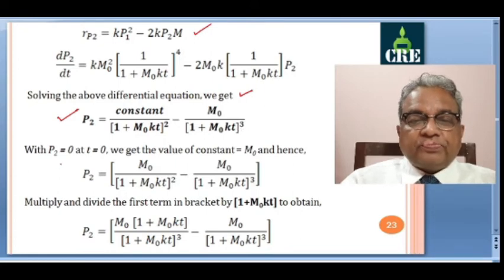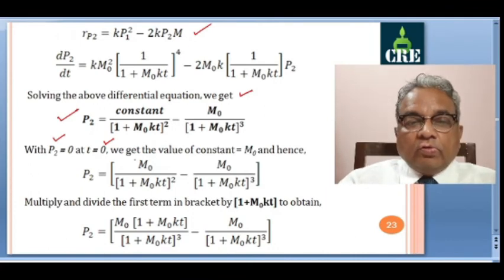Now substituting the condition at t is equal to 0, P2 is equal to 0, because at t is equal to 0, P2 is not there. At t is equal to 0, the denominator will be 1. So 0 is equal to constant minus M0. So the constant is M0.